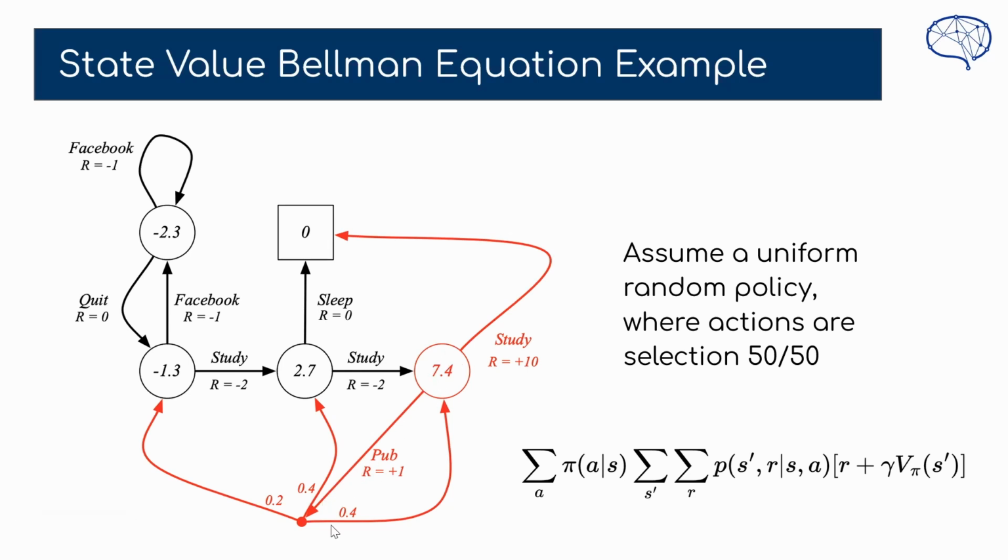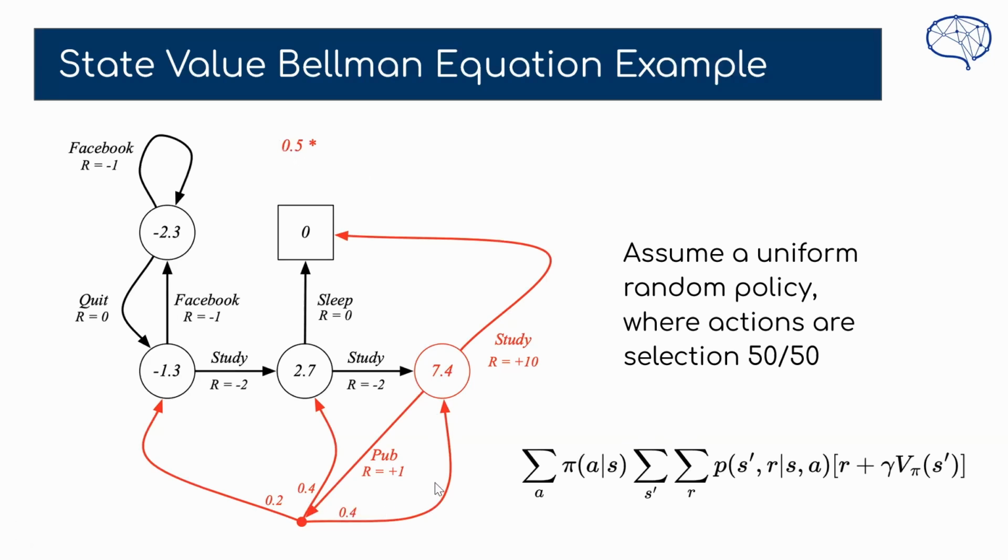That's the second action that you can take. So using this Bellman equation right here, let's start walking through it. First things first, let's say I just bombed a midterm, so I want to go to the pub, but unfortunately there's only a 50% chance of that happening. So that's what we're starting with. Your policy is a uniform random policy. So that's where the 0.5 comes from.